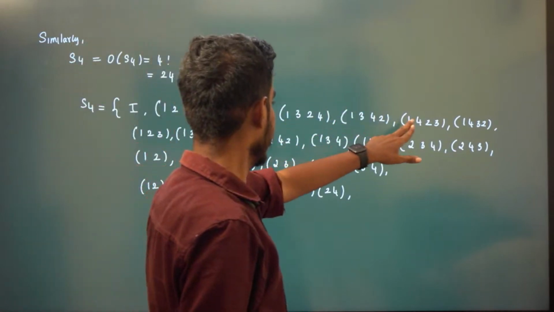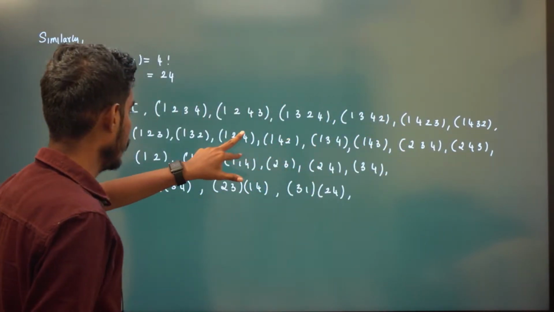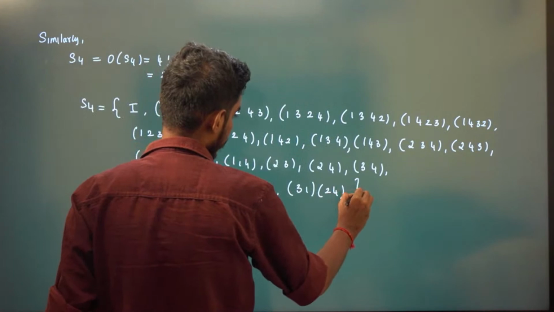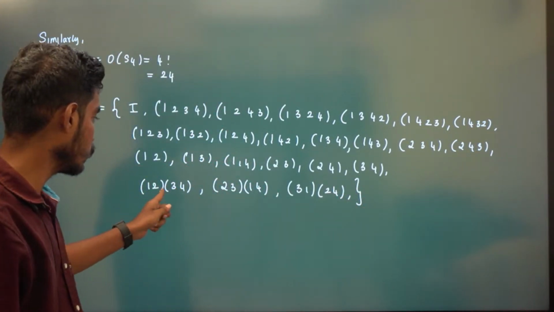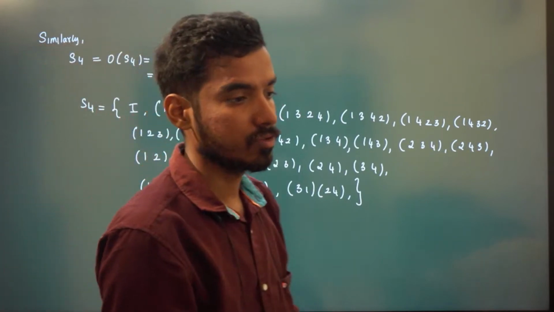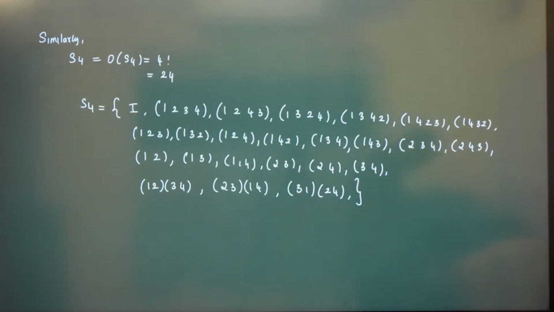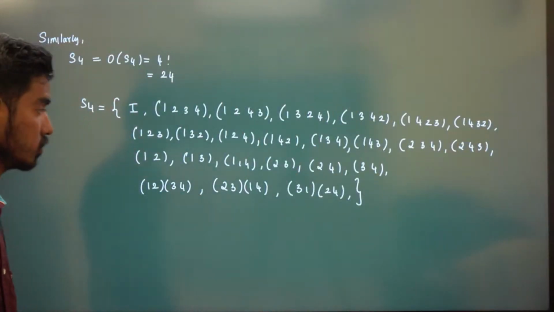One, 2, 3, 4, 5, 6. 6 plus 6, 12. Yes. So these are the 24 elements. See, this is a single permutation. It means 1 goes to 2, 2 goes to 1, 3 goes to 4, 4 goes to 3. So these are the 24 permutations you will have in S4. Is my voice clear? Yes. So we'll move on to some other examples.